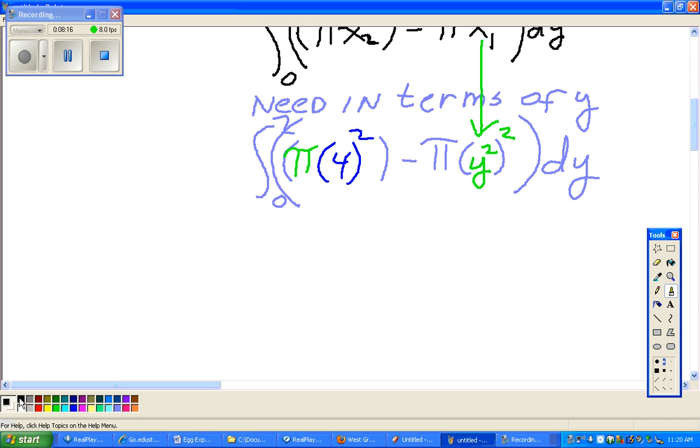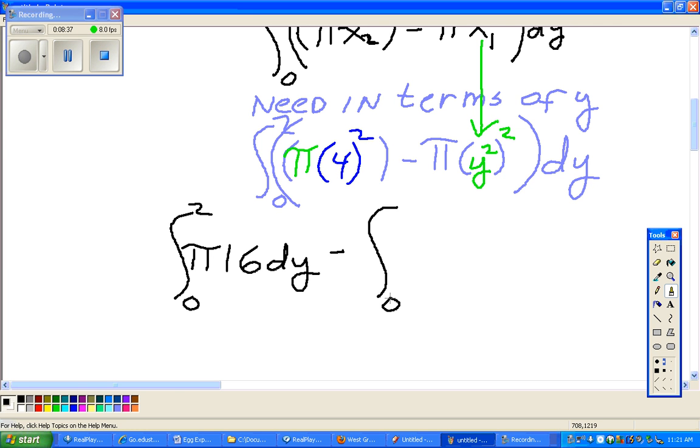So that's going to be 16. That's going to be y to the 4th power.